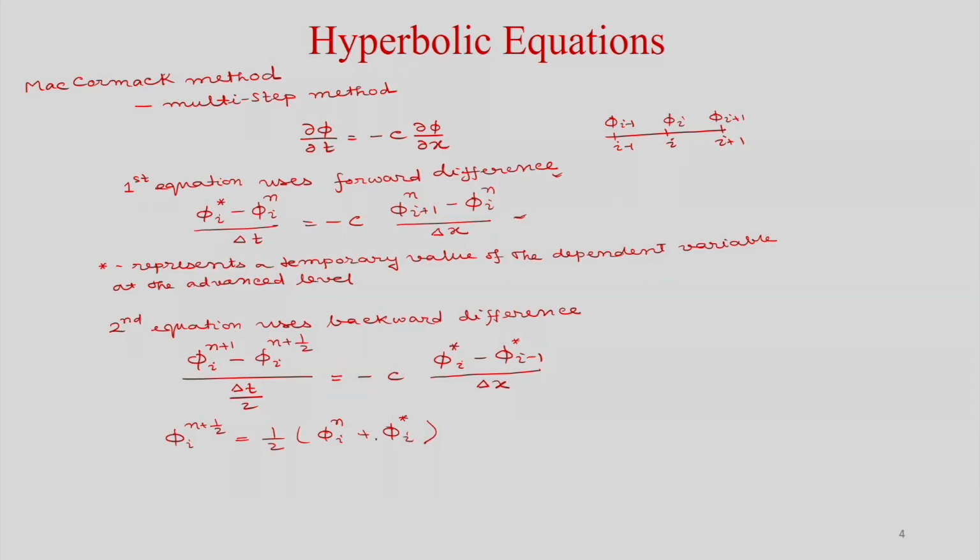So, in the second level you calculate phi I n plus 1, but phi I n plus half you take as the average of phi I n and phi I star. So, phi I star you calculate from the first level equation. So, this method if you write in two steps.